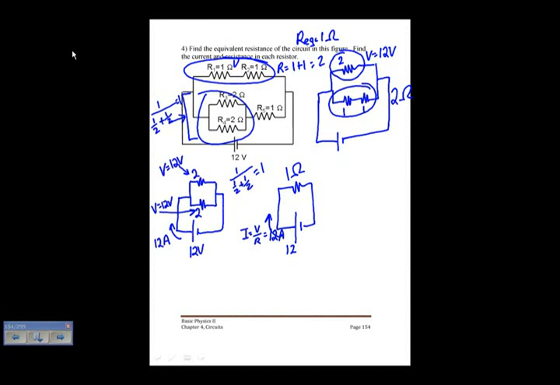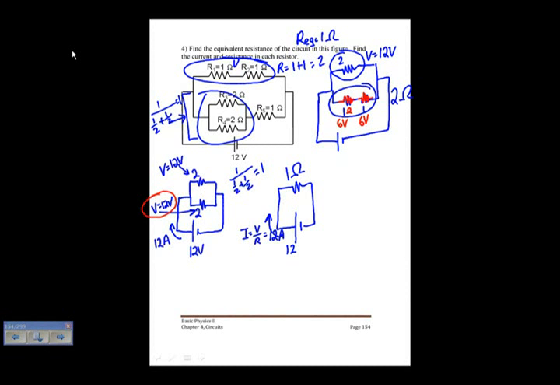And here, on the bottom branch, I have two identical resistors, this 1 ohm resistor and another 1 ohm resistor. Each of those resistors is going to split equally the 12 volt potential. So you see I had 12 volts down here, and now I'm going to have 6 volts across that 1 ohm resistor and 6 volts across that resistor.